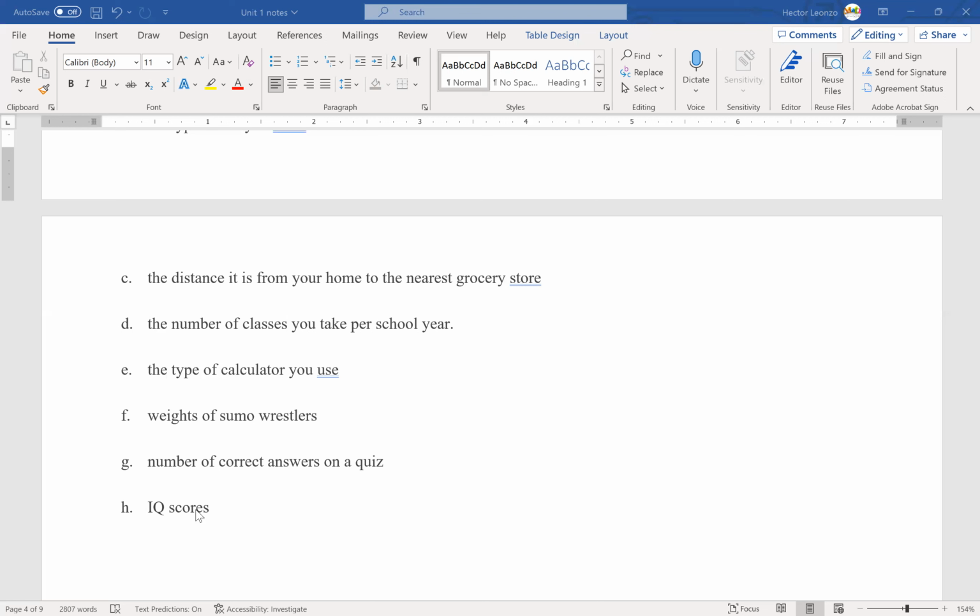Now, IQ scores. This one may actually cause some discussion if we were in a group. This one could be either or, quantitative or qualitative, right? What's your IQ score? 100. So that's quantitative. 90. What's your IQ score? I scored high. I scored low. You guys take STAR testing.